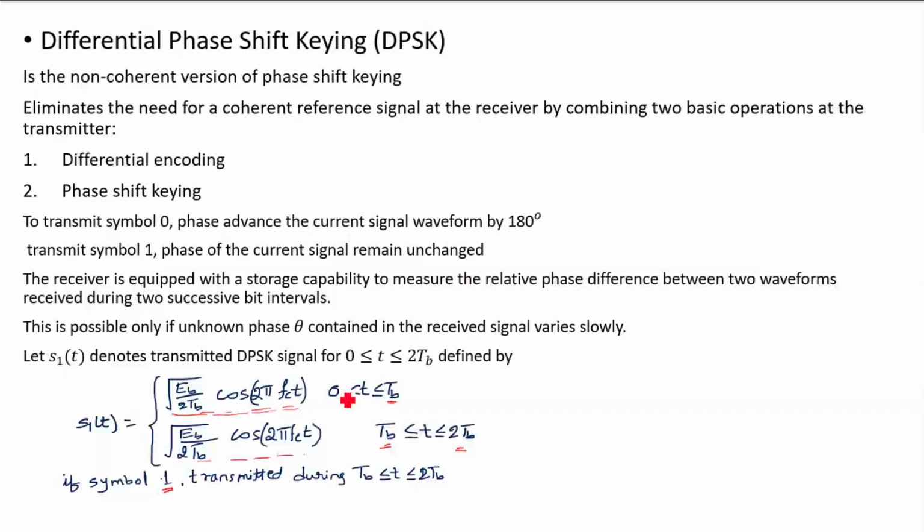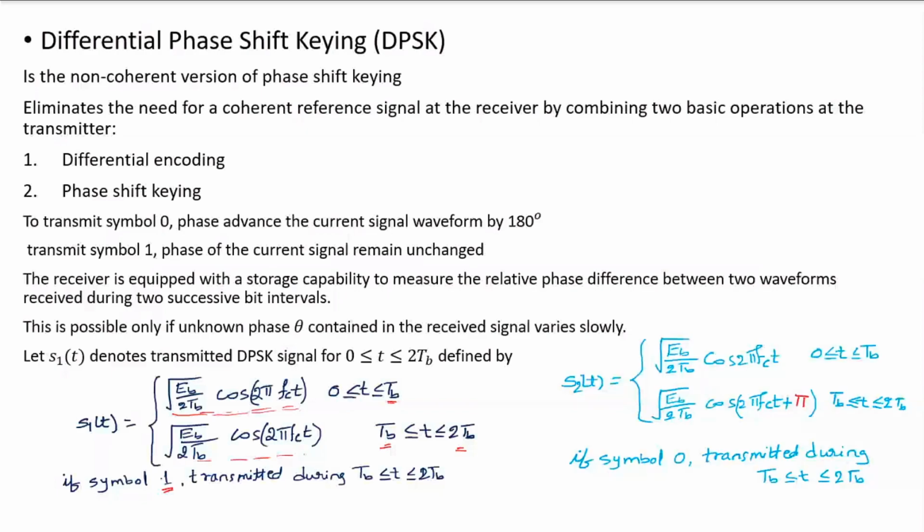Similarly, for symbol 0, S2 of t, if the already transmitted signal is square root of Eb by 2 Tb cos 2 pi fct for a symbol duration Tb, and after Tb I want to transmit a 0, I have to advance the phase of this transmitted signal by pi and transmit it in the symbol duration Tb to 2 Tb. Any doubts here?